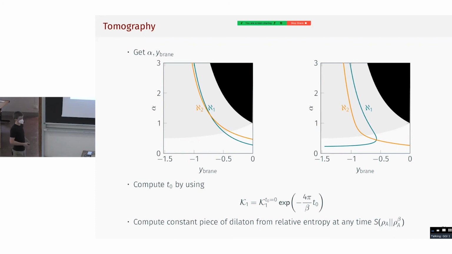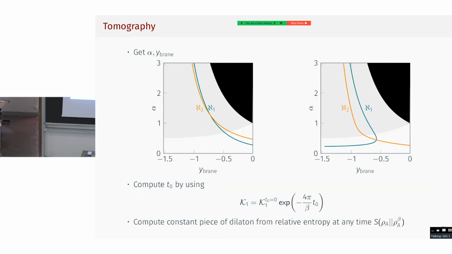It turns out that those invariants only depend on alpha and y brane. And so what you can do is either numerically invert this function, but there you really want to have help from Mathematica, or you do it like here and plot your parameter space in y brane and alpha, and do a contour plot for some given values of LF1 and LF2. Here I've indicated in black the exclusion of the weaker bound.